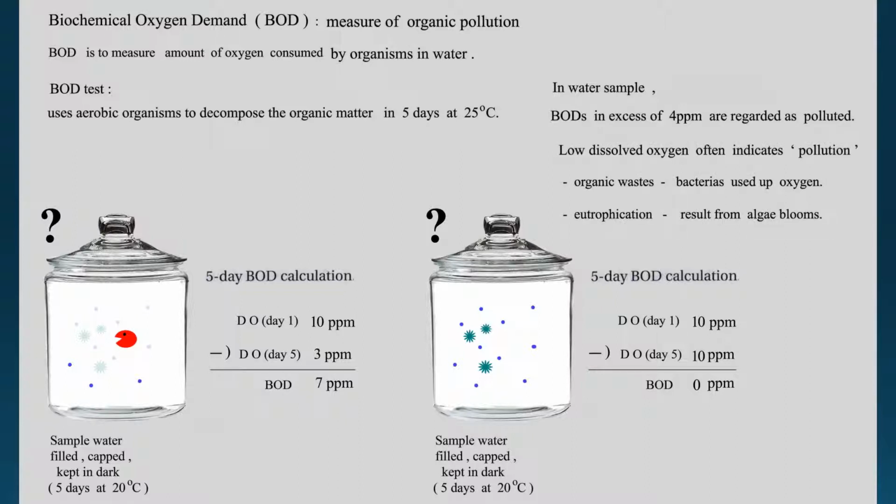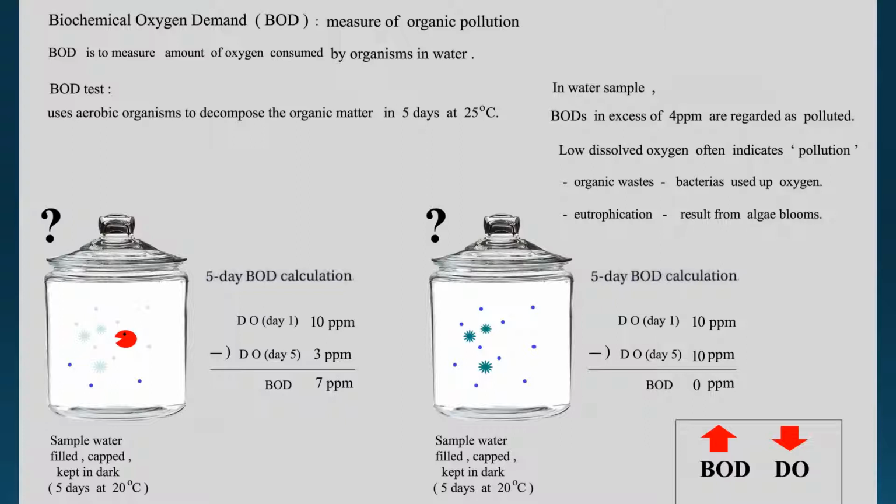Low dissolved oxygen always indicates pollution, as bacteria use oxygen. One common example is eutrophication resulting from algal bloom. You will find the dissolved oxygen very low.